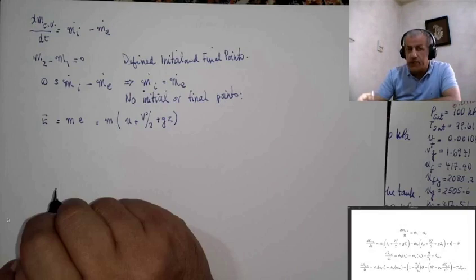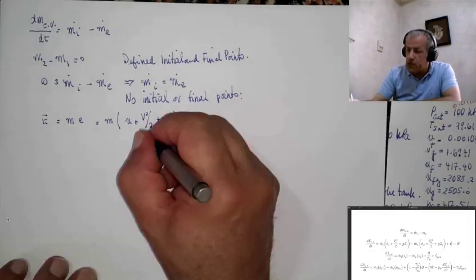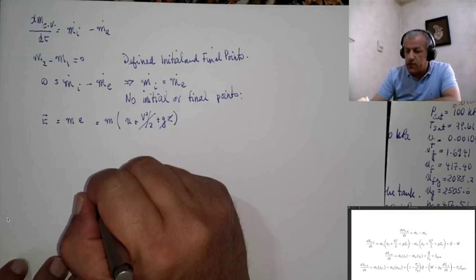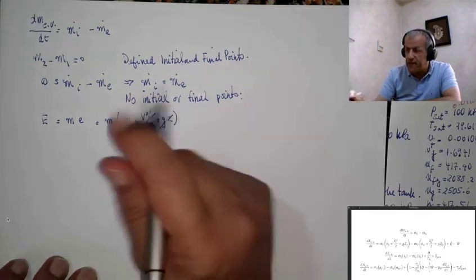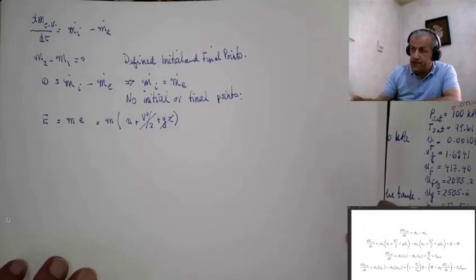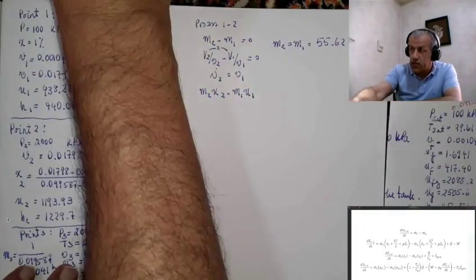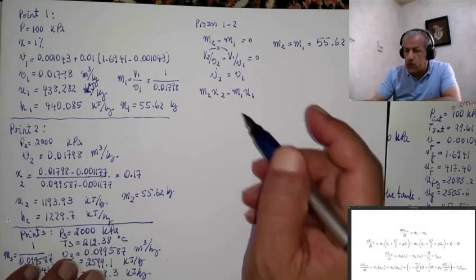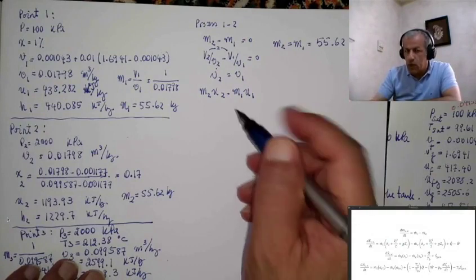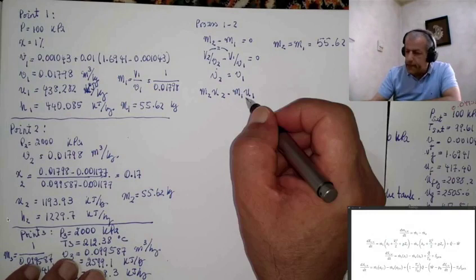For the present problem, we ignore these two terms, and so E is mu, and the left-hand side of the second equation, just underneath my picture, would turn to M2U2 minus M1U1, and that equals Q12.